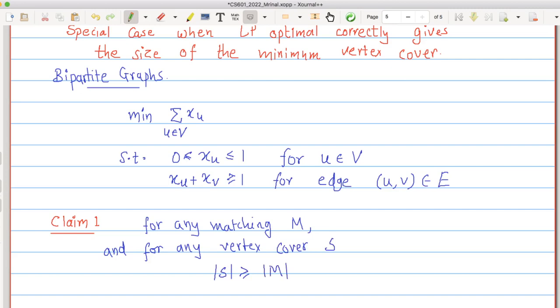Why is this true? Because a matching is a set of disjoint edges. So if you want to cover all those edges, you will have to pick at least one vertex from each of those edges. So that naturally gives you a lower bound on the vertex cover size, right? This is true for any matching and any vertex cover. This you might have seen already.